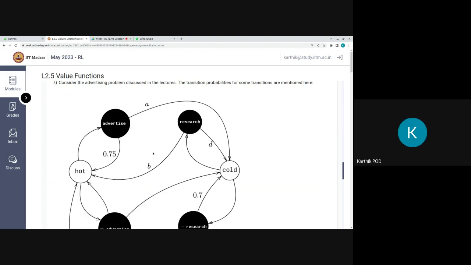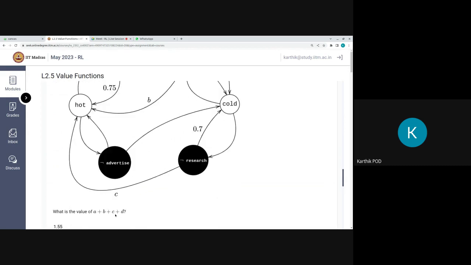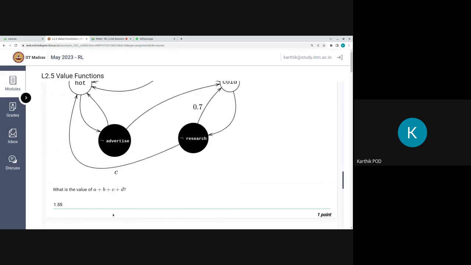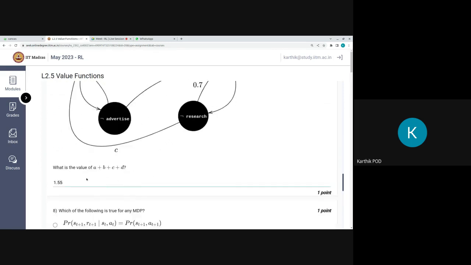Right, b plus d has to be 1 because from the research action you have to go to one of these two states, and the probability of going there has to be 1 together. So if you add all of them together, b plus d is 1, a is 0.25, this is 0.3, so it will come to 1.55. So it's just completing the transition graph.